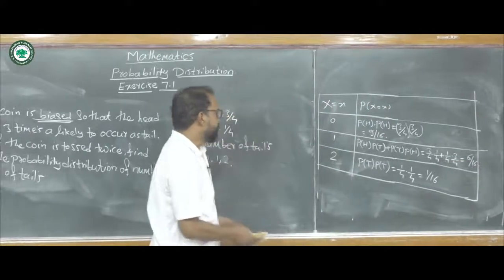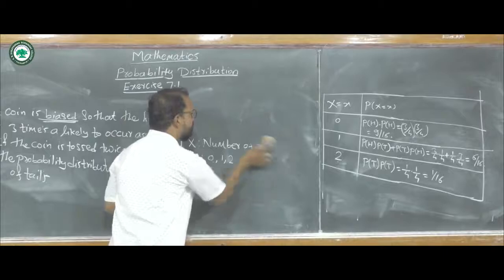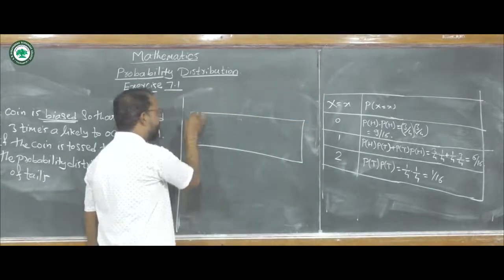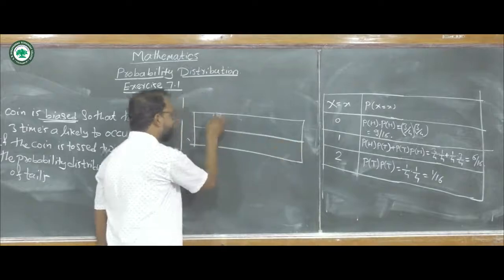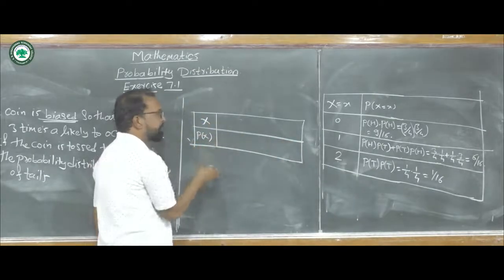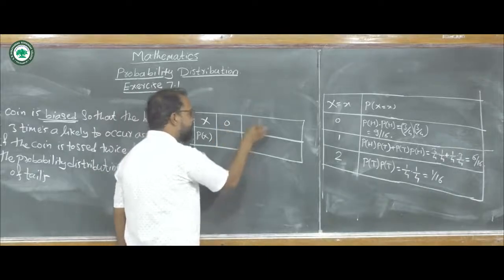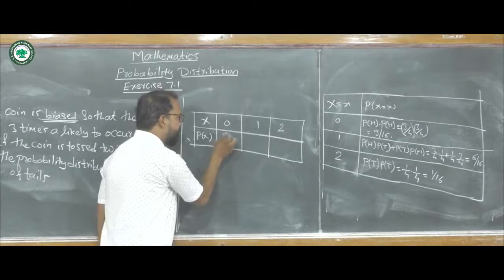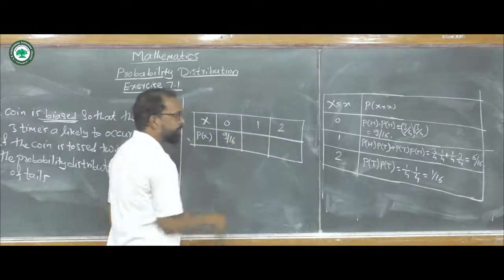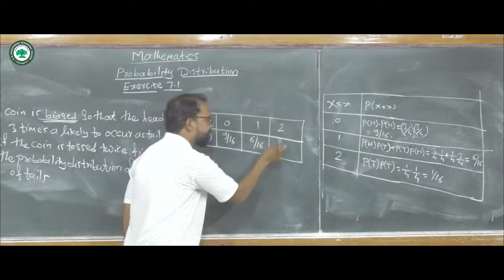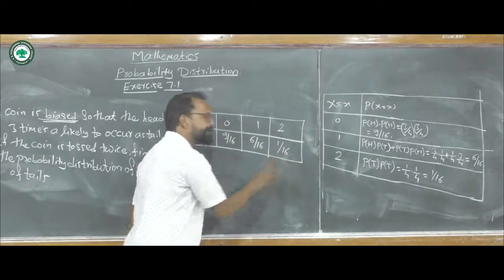Now if we summarize this probability distribution in tabular form, we have X and probability of X. The values of X are 0, 1 and 2, and the probabilities are 9 upon 16, 6 upon 16 and 1 upon 16.